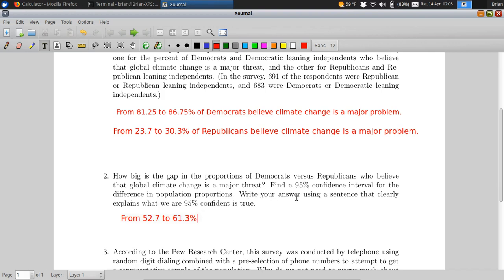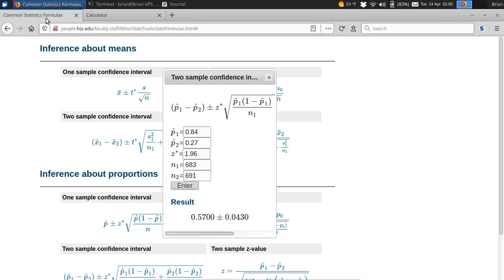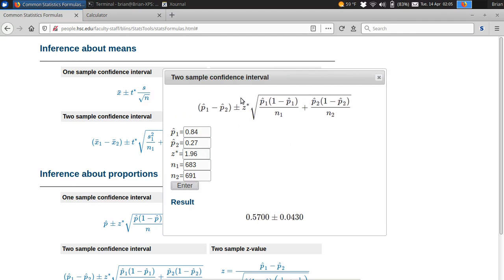I've said write your answer using a sentence that clearly explains what we are 95% confident is true. And this is a little tricky because this new formula, this two-sample confidence interval formula, takes a little bit of thought to understand what this is all about. What we're talking about here is we have two different percentages, one for Democrats and one for Republicans, and there's a gap between them.